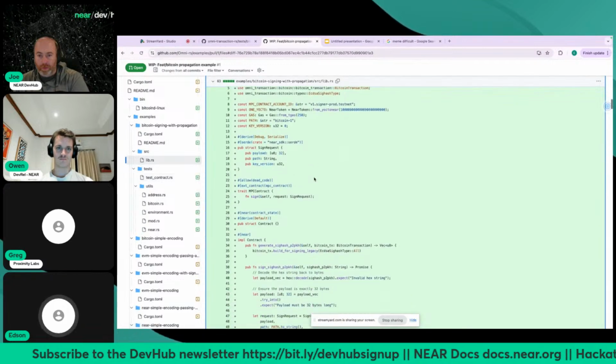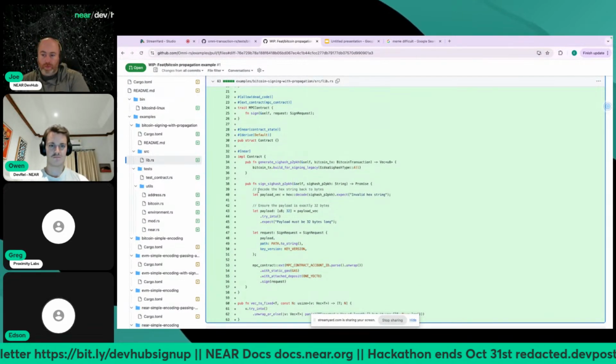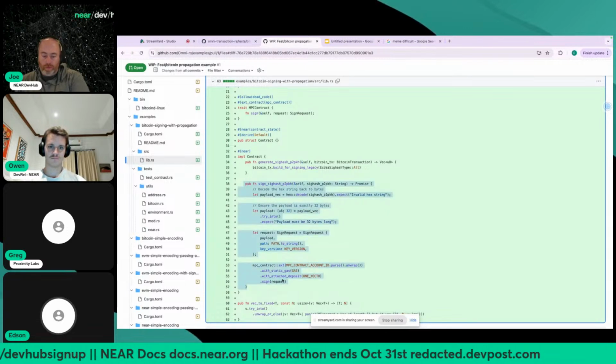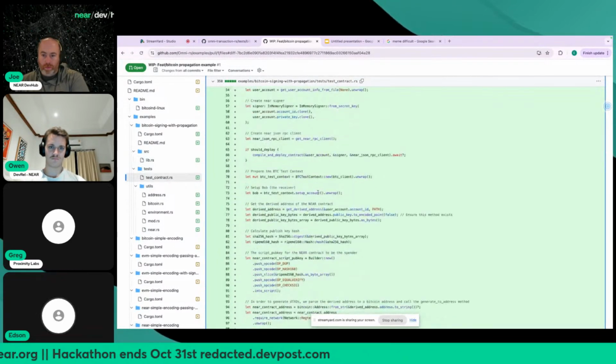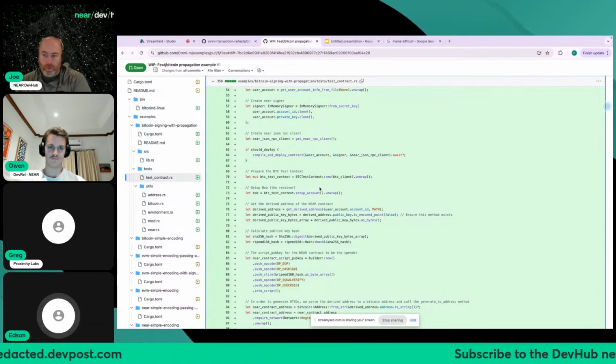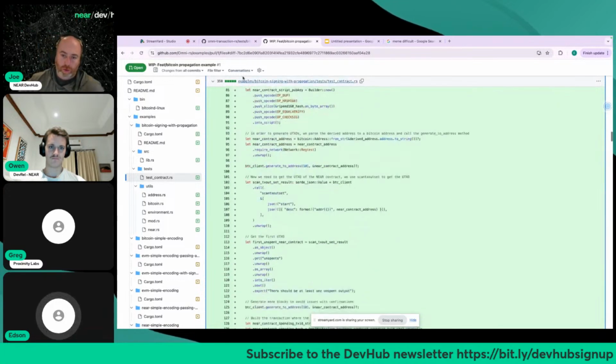So this is a Near contract where I'm generating the SIG hash directly, and then I'm signing that in the contract. I need to clean the code a bit, but it's actually working.